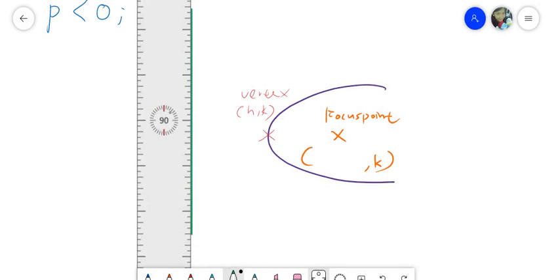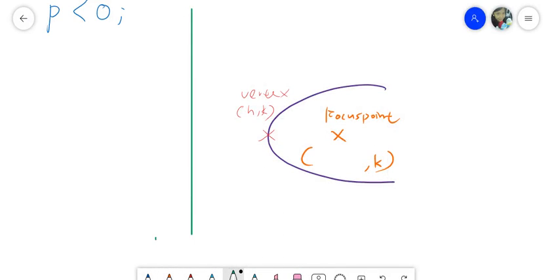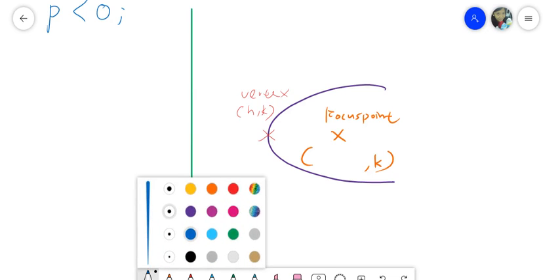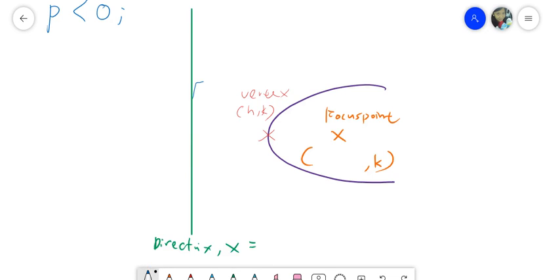Just write down directrix x equals a value. And do remember, as I mentioned, the p-value is the common distance between the directrix and the vertex, together with the vertex and focus point.